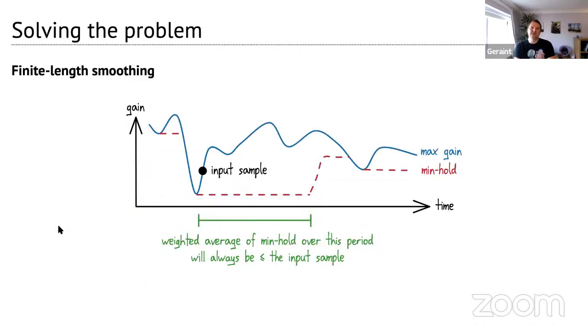And the next stage is we're going to smooth out this moving minimum. So you've got these sharp jumps here at the beginning and the end. If you take a finite length, any kind of average, weighted average across this period, then hopefully you can see that if the average is limited to this range here, then the weighted average will also be below that peak.